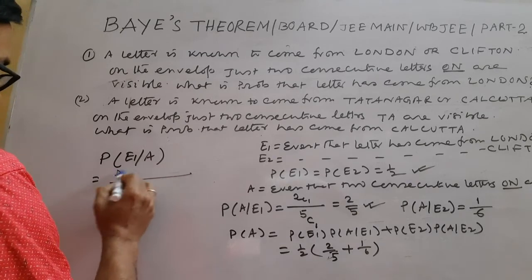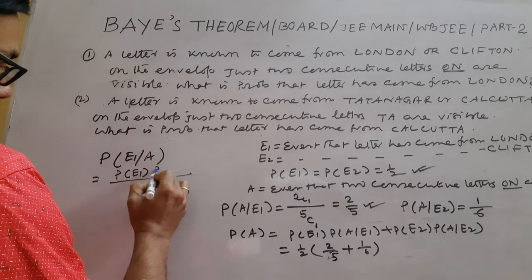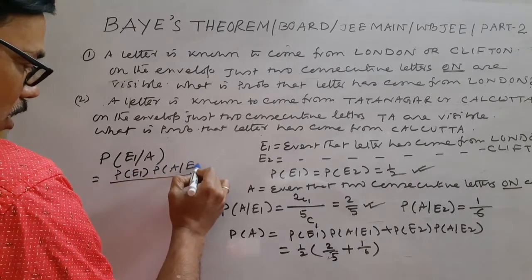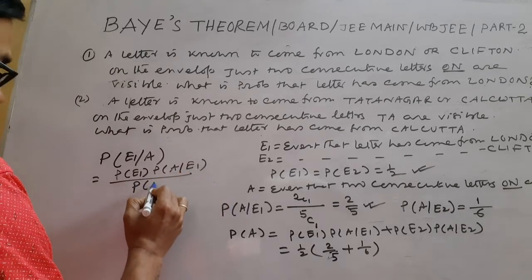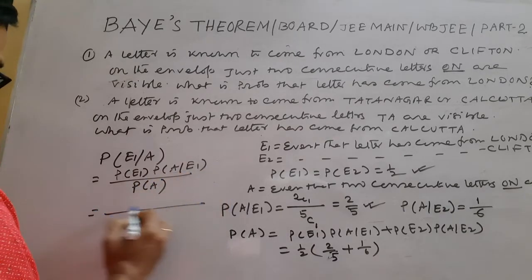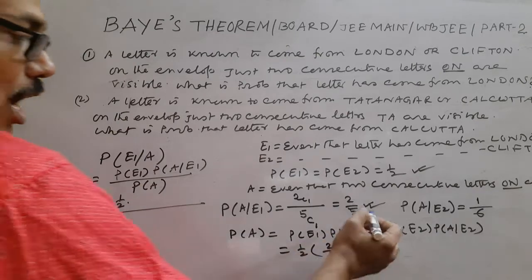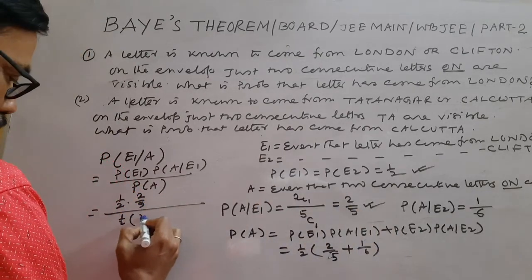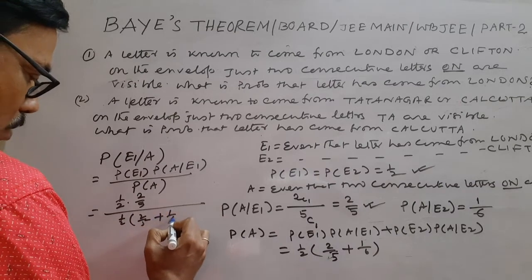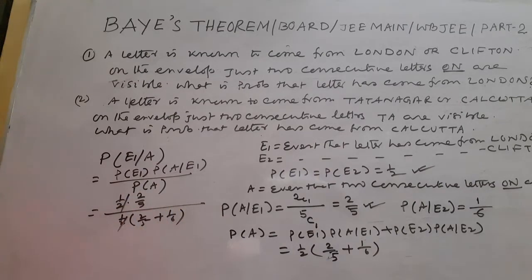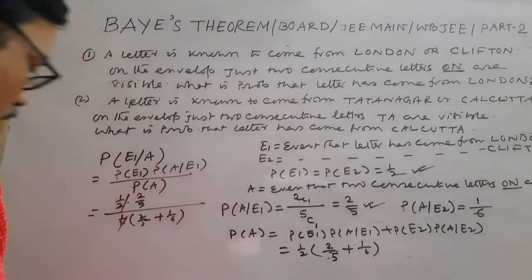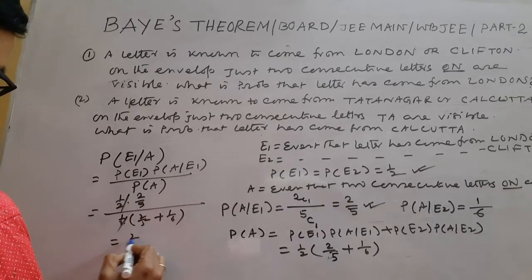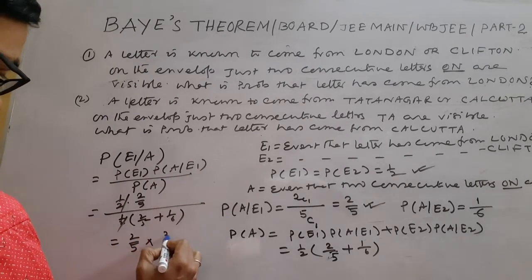So from the definition, this is P(E1) P(A/E1) by P(A). So P(E1) is half into 2 by 5, over half into 2 by 5 plus 1 by 6. So half cancels, so 2 by 5, and the LCM is 30.